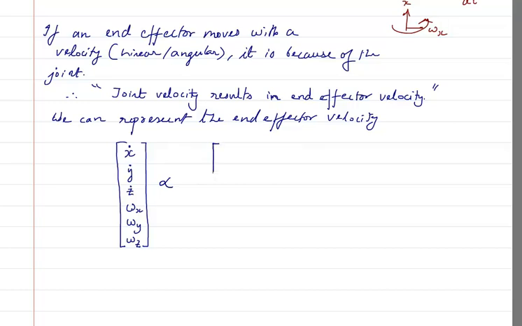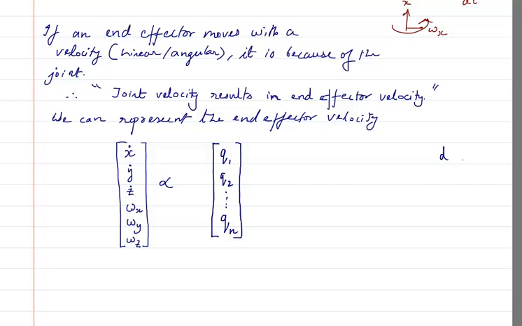So we have already seen that joint variable is represented by q. So suppose we are having q1, q2, all the way up to qn. Now if you remember, if it's a prismatic joint, then it is going to have a movement of d.